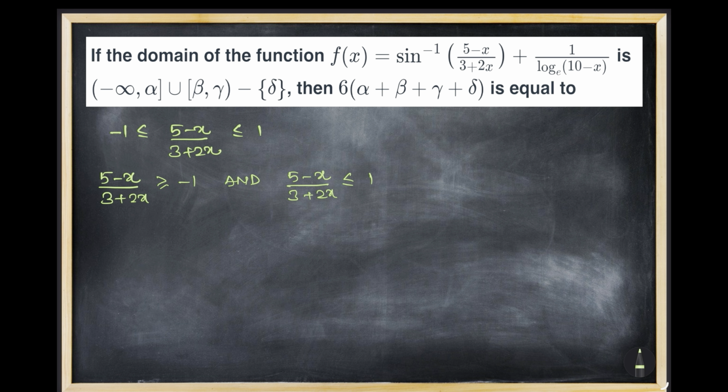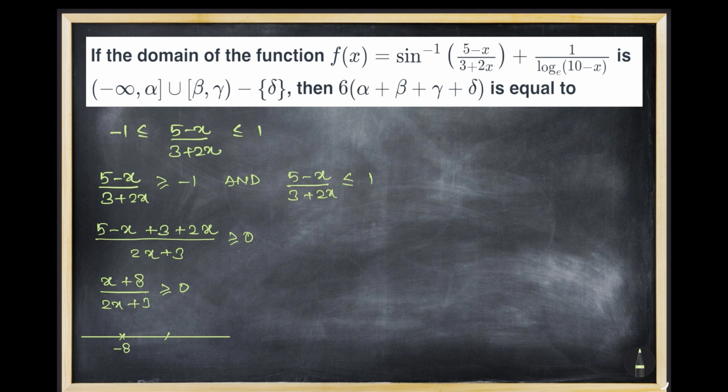First I will add 1 to both sides, so we get (5 minus x plus 3 plus 2x) upon (2x plus 3) greater than or equal to 0. Now let's simplify: (x plus 8) upon (2x plus 3) greater than or equal to 0. Now if you observe, the critical points are minus 8 and minus 3 by 2, with signs plus, minus, plus.